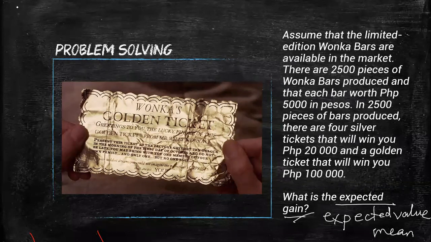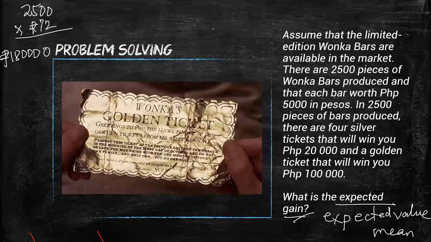Dito ang sabi ay 2,500 yung pieces ng Wonka bars. Kunwari lang, nakontrata mo na yung factory, bibilihin mo siya lahat. O dahil ang expected value mo ay 72 pesos, kunwari yan yung price, ano ang product niya? Magkano lahat yung chocolate kapag 72 pesos isa? 180,000. Okay, 180,000.